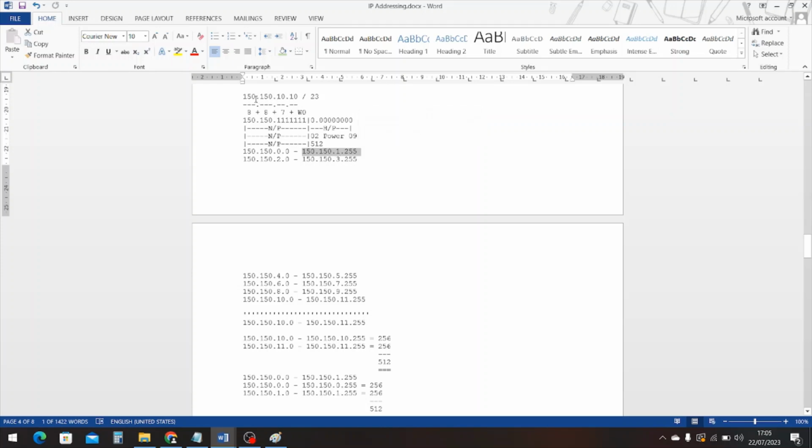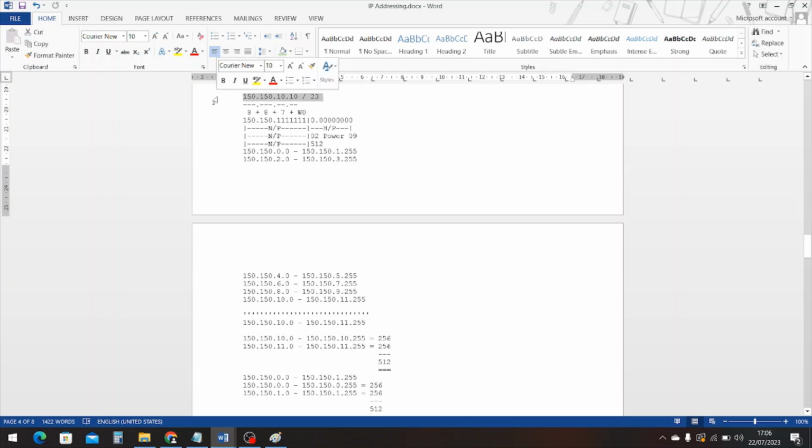But have a look, there is a small catch here. This is the IP address. It needs to go from 10, so you need to start with the 0. Within 0, then 1, 2, 3, 4, 5, 6, 7, 8, 9.